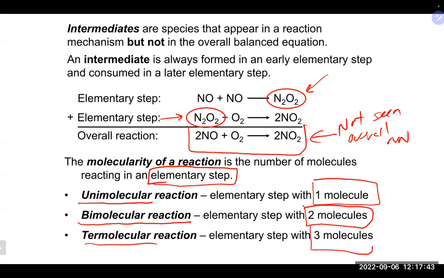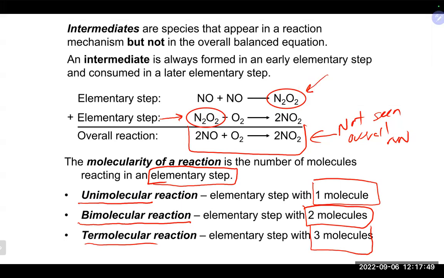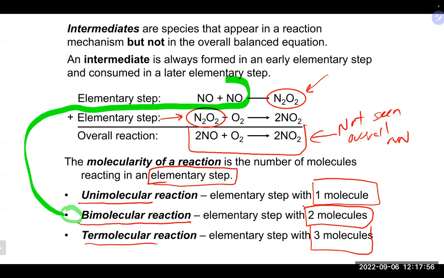Termolecular would be three molecules reacting. Each of these steps up here on top would be what type? It would be bimolecular, right? Two guys there, two guys there. So both of those elementary steps would be bimolecular in this case. They both have basically two guys reacting. Any questions on that there?